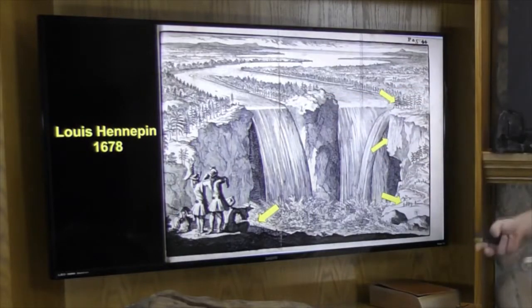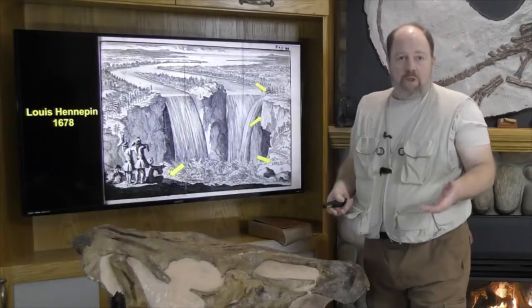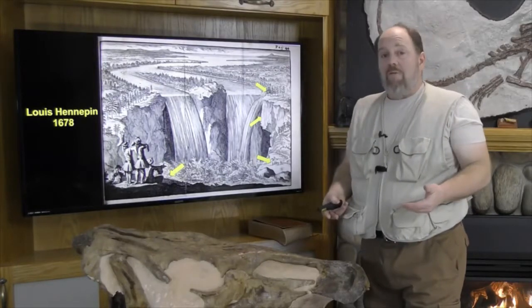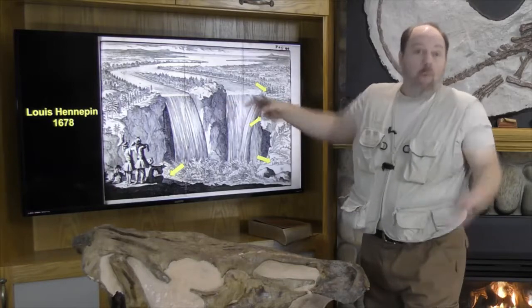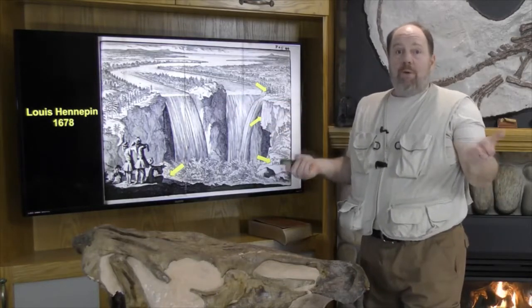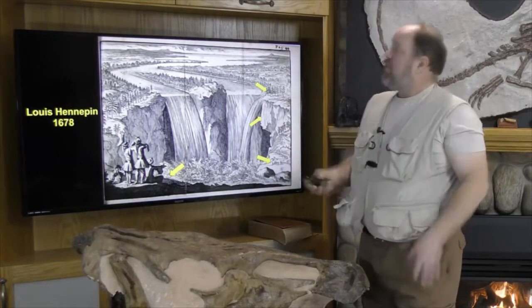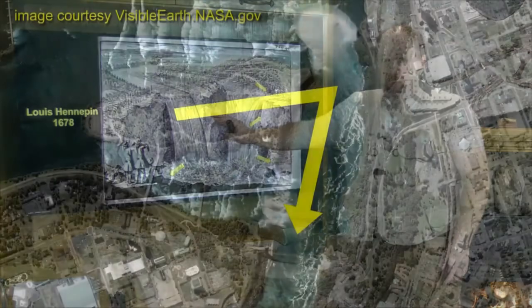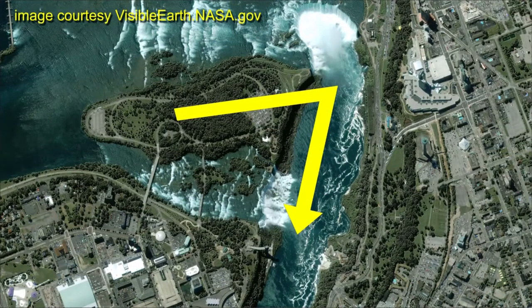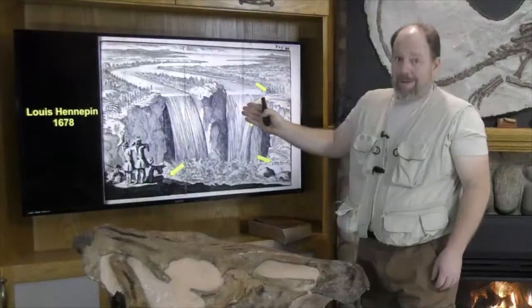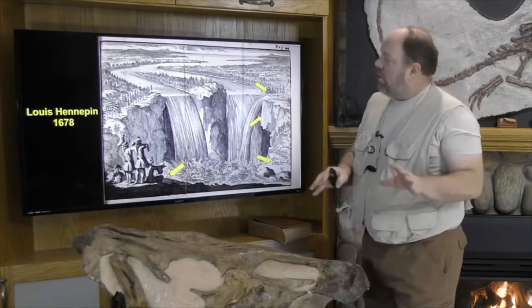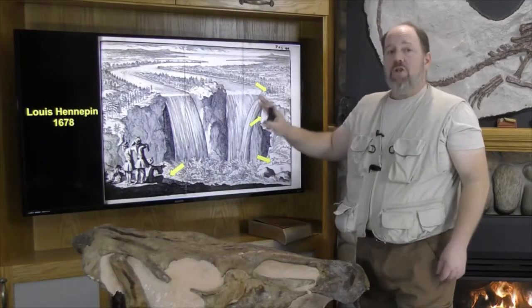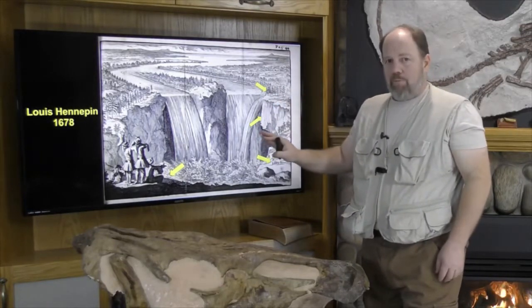In the second edition of my Complete Creation series, I made the same mistake everybody else did, and I labeled that island as what we now know as Goat Island. But Goat Island is way farther upstream in Hennepin's drawing, and it is more at a right angle to the gorge, not almost parallel to it. I'll revisit this island repeatedly, but for the moment, just notice its position, direction, shape, and form.